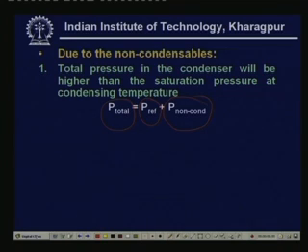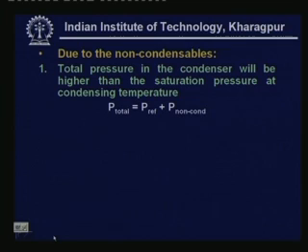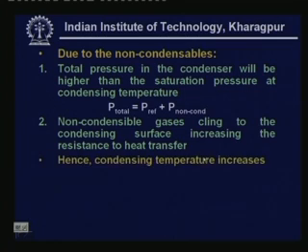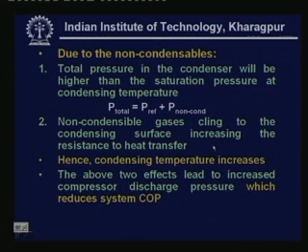So, you find that the total pressure increases. Total pressure increases means the discharge pressure of the compressor has to increase. Not only this, you also have a second effect: the non-condensable gases cling to the condensing surface, increasing the resistance to heat transfer. Hence the condensing temperature increases. So, because of these two factors, there is an increased compressor discharge pressure.